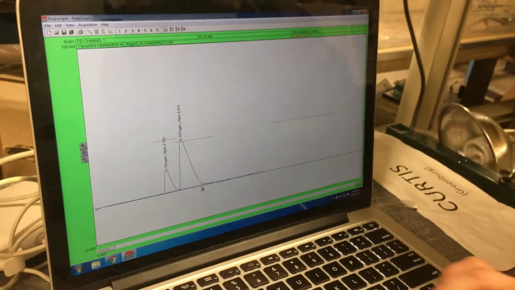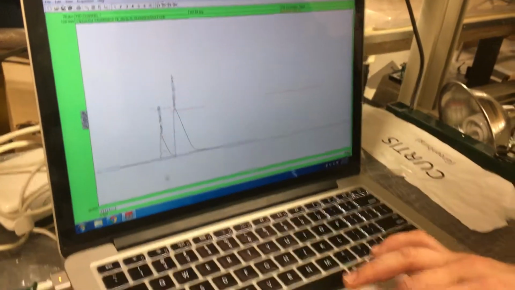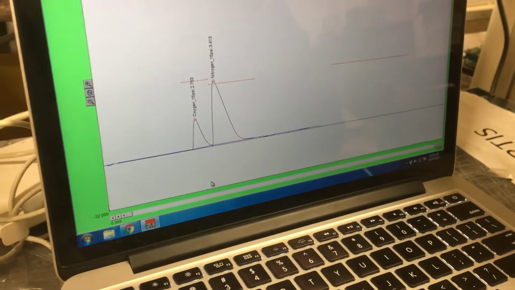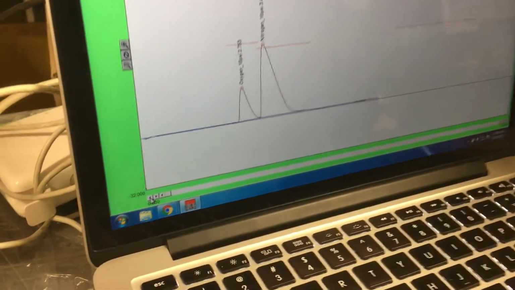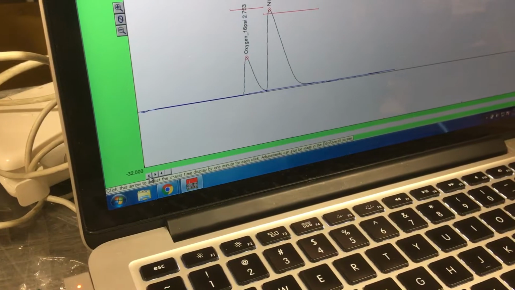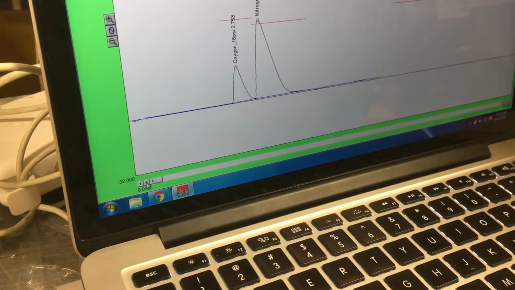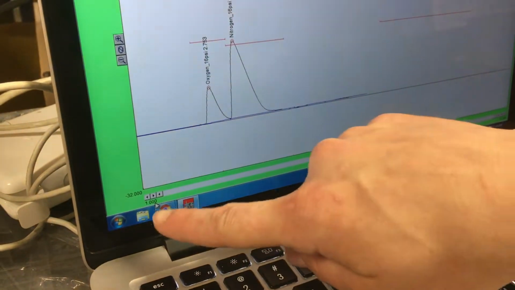To give you an idea of how to navigate this, first of all, here the 0 to 13 signifies the time. If you want to expand what you're seeing, you can press these buttons right here, and that moves this forward.